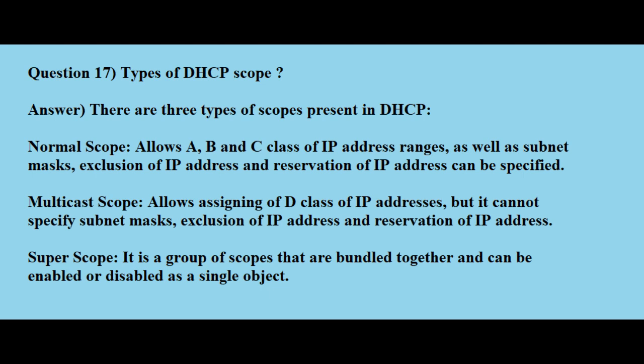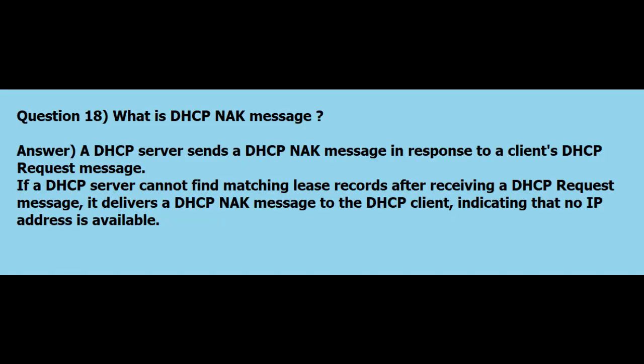Multicast scope allows assigning of the class of IP addresses, but it cannot specify subnet masks, exclusion of IP address and reservation of IP address. Super scope. It is a group of scopes that are bundled together and can be enabled or disabled as a single object.